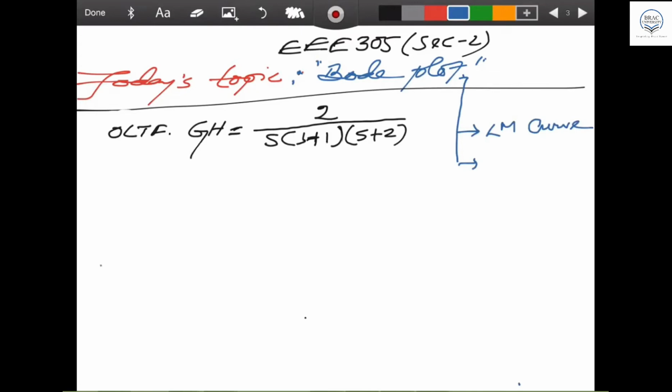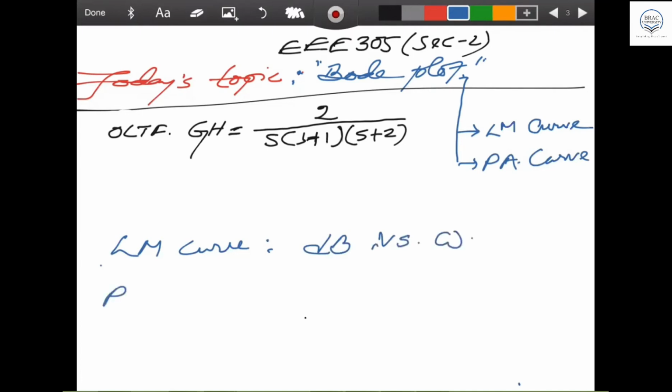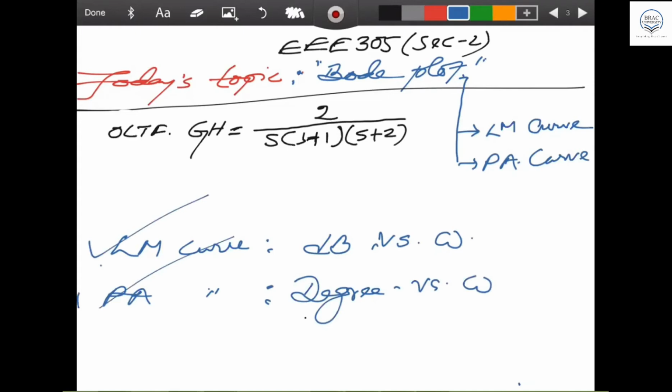The log magnitude curve is defined as dB versus omega, and the phase angle curve, which you already know, is defined as degrees versus omega. These are the two curves we have to draw today, and combining them together on the semilog graph paper gives you the Bode diagram.